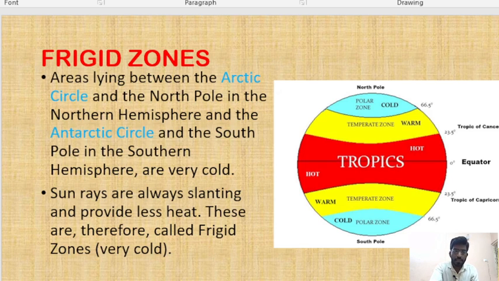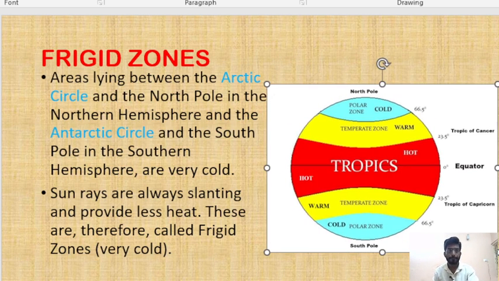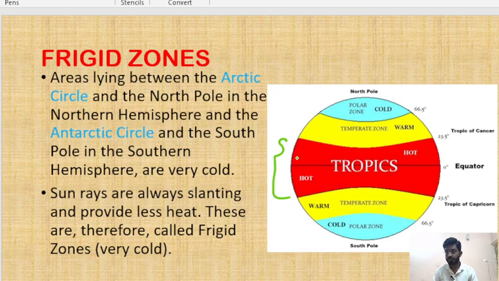The sun always shines overhead in between 23.5 north latitude and 23.5 south latitude. That's why the place bounded by these two latitudes, this red colored place, gets more sunlight from the sun.